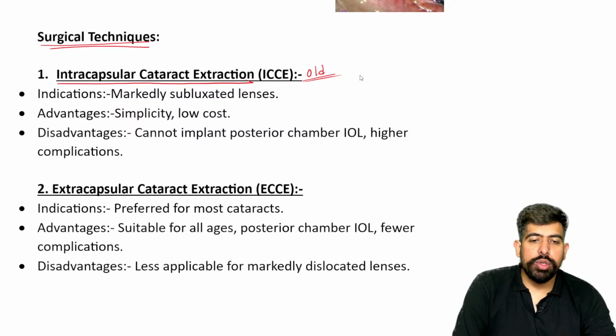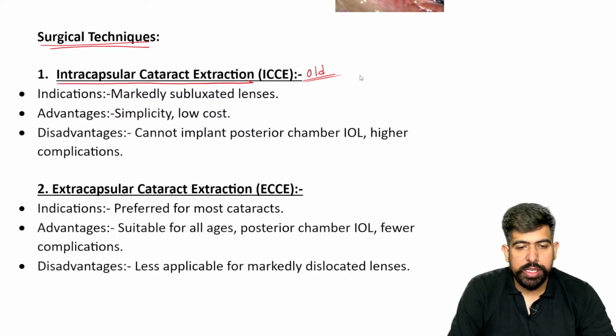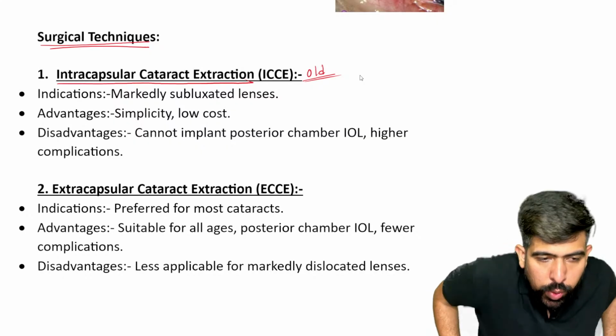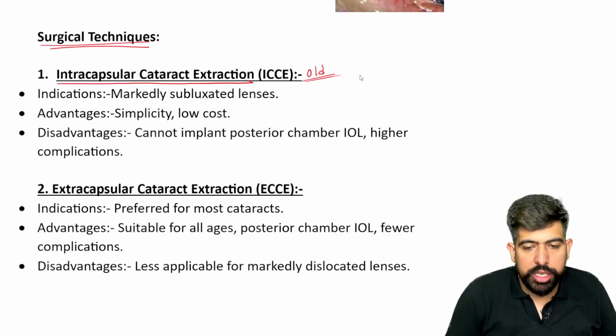Nowadays we are mostly not using this method, but maybe some government hospitals or some eye camps use such a method because it is low cost and simple. So that's why we cannot do this normally.